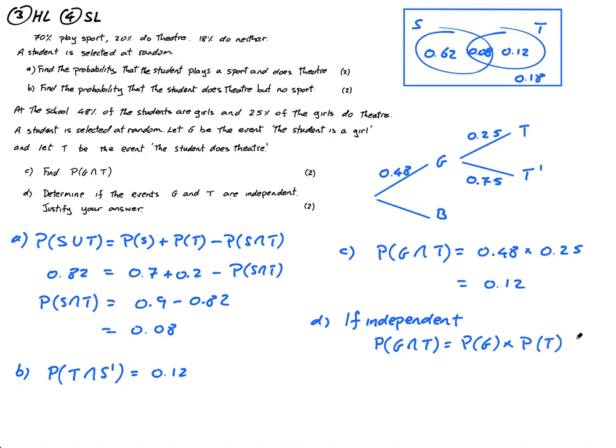Now, this is confusing because you've already done this. You've done the probability of a girl and theatre, and it's this times this. But this isn't the probability that a student taken at random does theatre. That's the percentage of girls that do theatre.